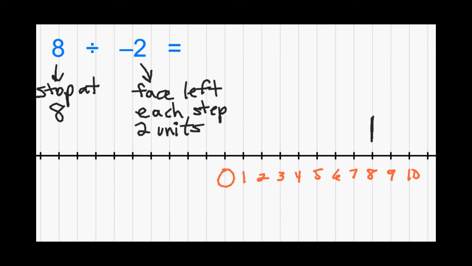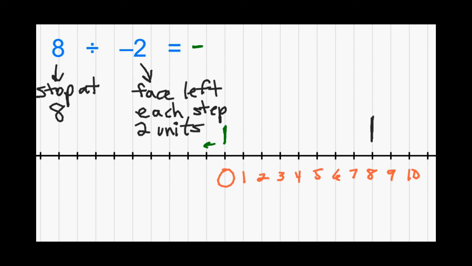So here's the way that this will look on our handy dandy number line. We're going to start at 0. So we're facing left. We're facing the left direction. But we need to stop at +8 here, so we need to walk backwards. In walking backwards, it'll be a negative. We remember that from the multiplication video.